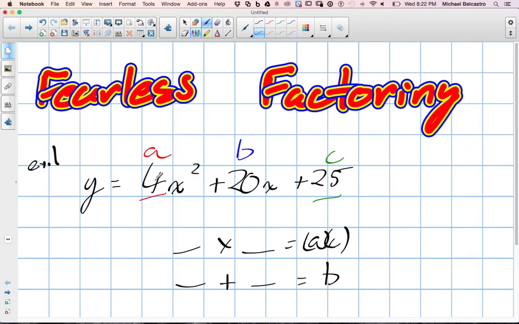Okay, so 4 times 25, very nice, gives us 100, and our B term is 20. So usually the best way to find this is to look for factors of the product.